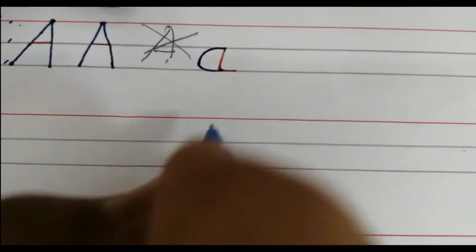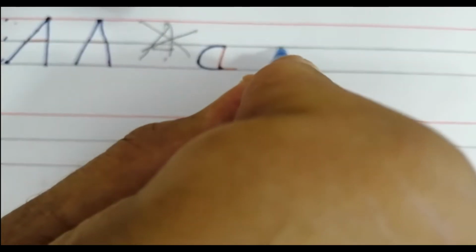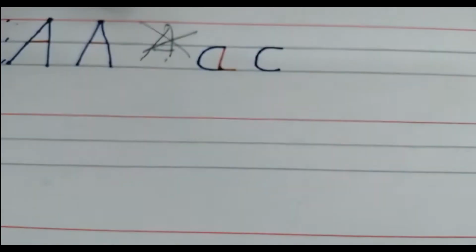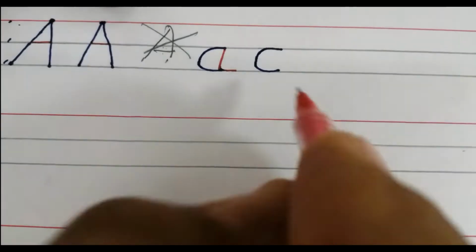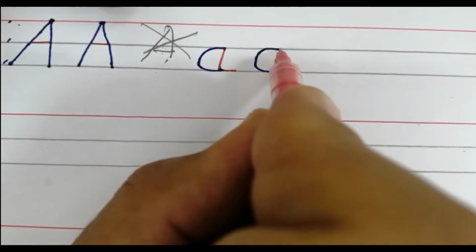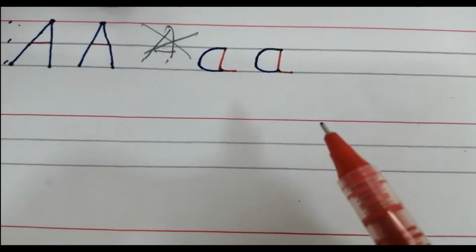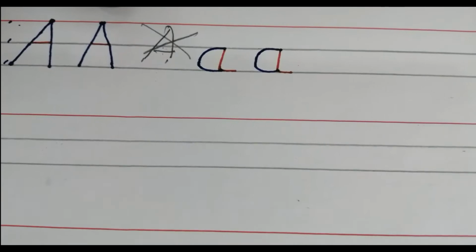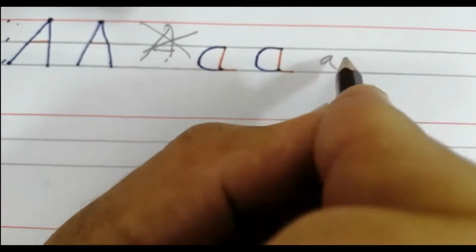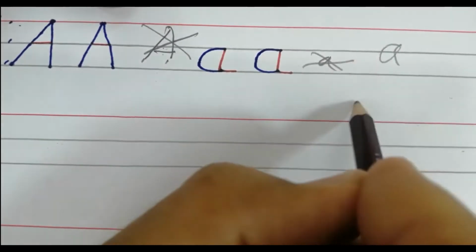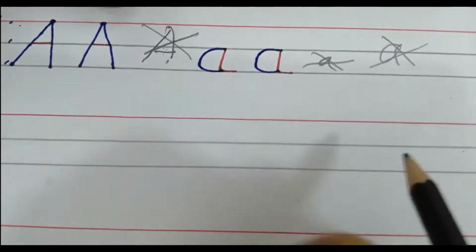Again, a half circle between line number 2 and line number 3, and close it with a falling line from line 2 to line 3. So it's not acceptable to write it between here. No, not acceptable. Big here, not acceptable, like that.